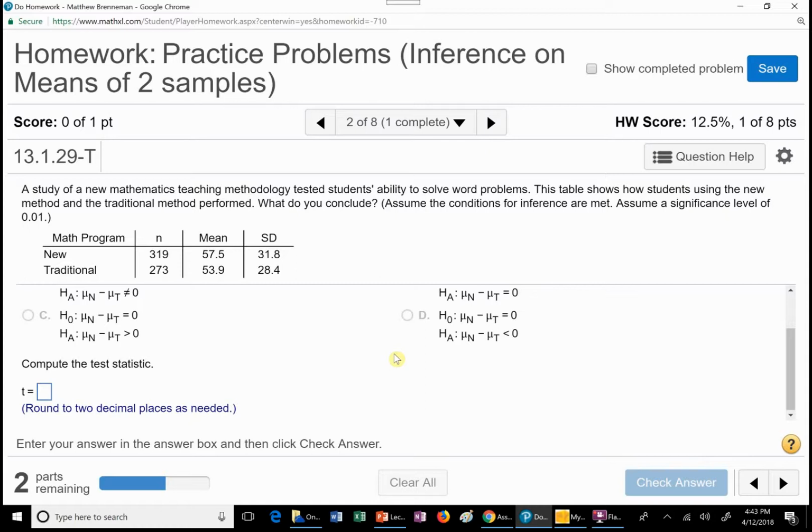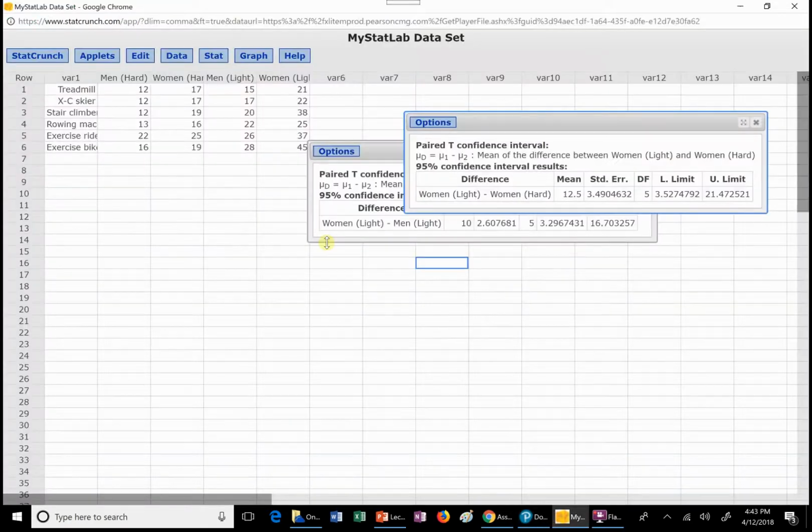So, okay. And so now we just go ahead and compute the test statistic. How do we do that? StatCrunch, of course. All right. So let's see. We're going to go into StatCrunch, right? How am I going to do it though? I don't have a data set. Summary. Good. Okay.